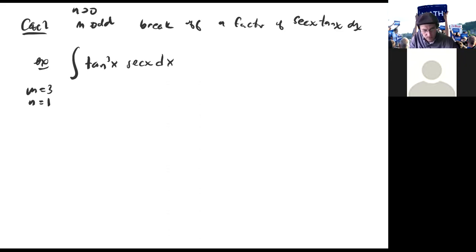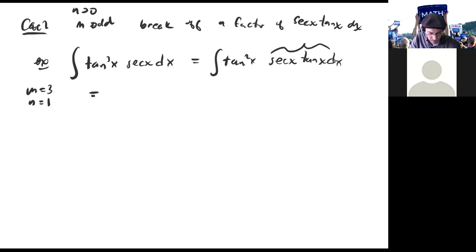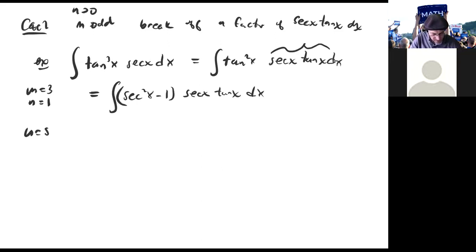Okay, so we're supposed to break off a secant x times tangent x. So this becomes tangent squared of x times secant x tangent x dx, and the secant x tangent x dx is a single unit we're counting it as. And now we convert the tangent squared to secant squared minus 1. So this is secant squared x minus 1 times secant x tangent x dx. And now we let u be secant of x, and then du is secant x tangent x dx.